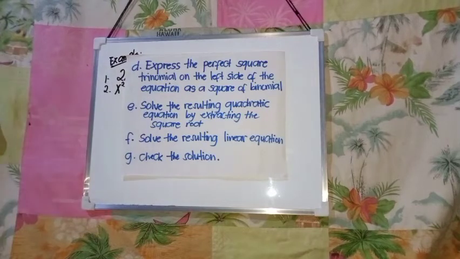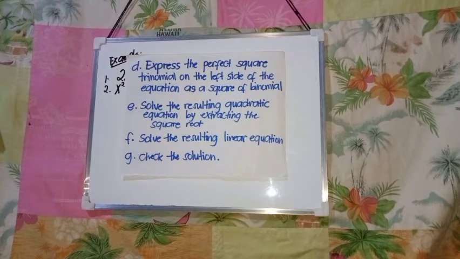Next, express the perfect square trinomial on the left side of the equation as a square of a binomial. So when we get a perfect square trinomial, we can have a binomial. Solve the resulting quadratic equation by extracting the root.